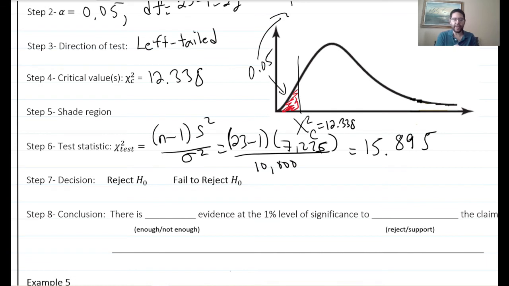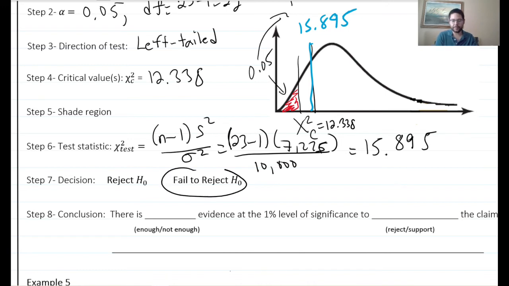Now if I label that on my curve above, that's going to be right here, 15.895. That means I'm outside my rejection region, so I'm going to fail to reject.